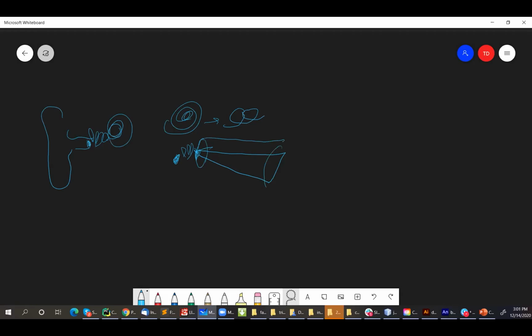It's very narrow at the beginning and very wide at the end, and also thicker at the beginning and thinner at the end. This means that if you play a particular frequency, the place where the membrane vibrates the most depends on the frequency of the sound.